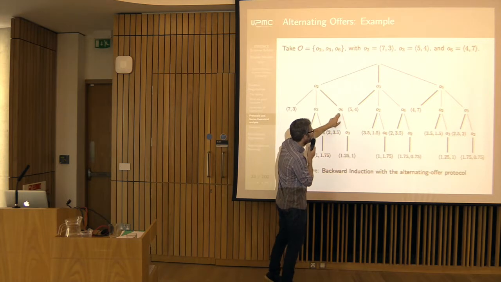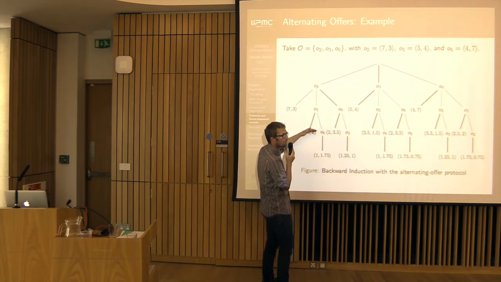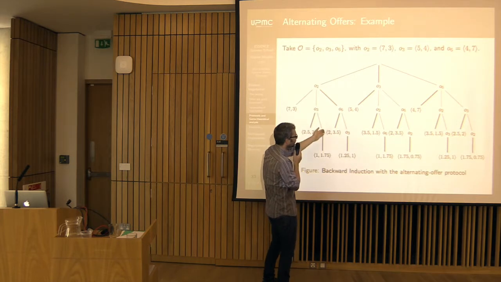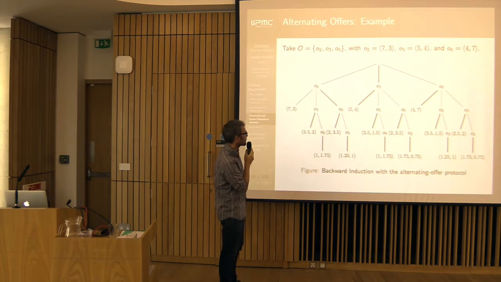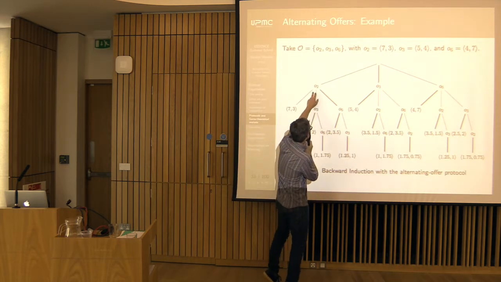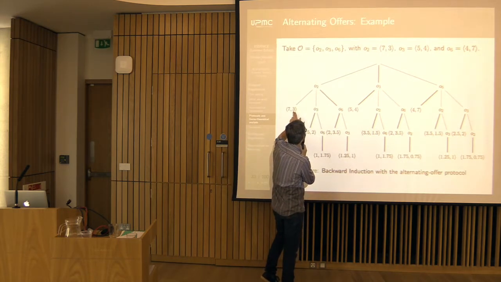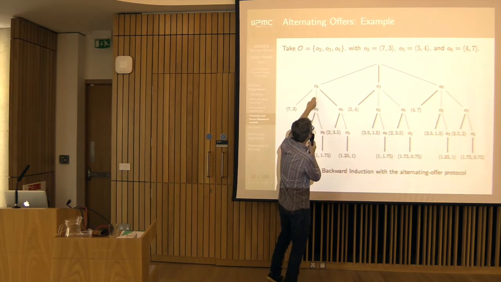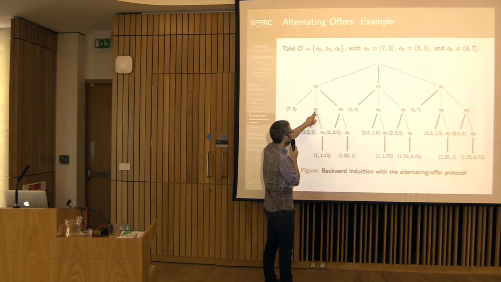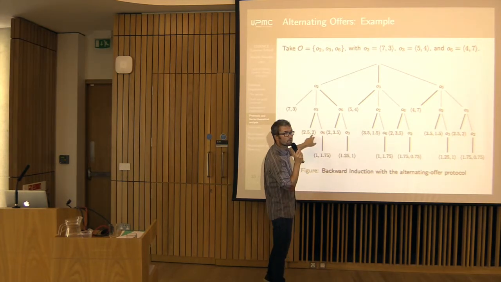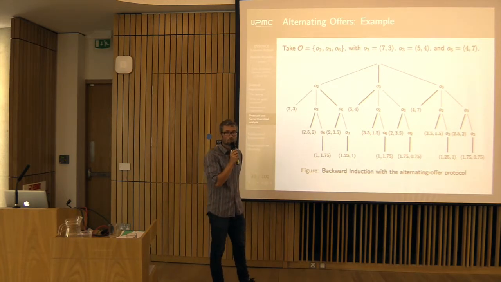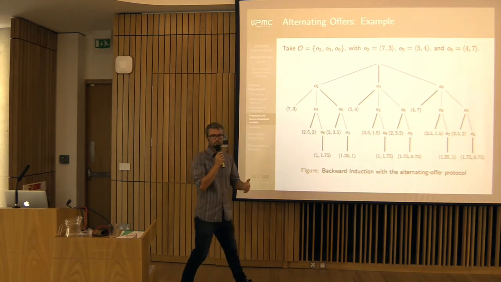So B will make a counter offer here, and then A will either accept or make a counter offer, and so on. There is a discount factor here, which is 0.5, because you see that if B accepts in the first round, that's 7-3, but if O3 is proposed in round 2, and if A accepts in round 2, that's O3 but divided by 2. That's 2.7 and 2. So it's been discounted in this negotiation process. And you can do the same if you know the discount factor.